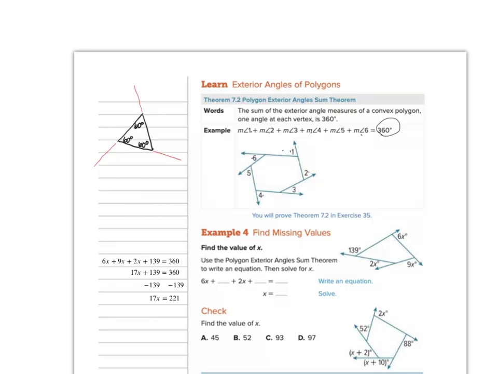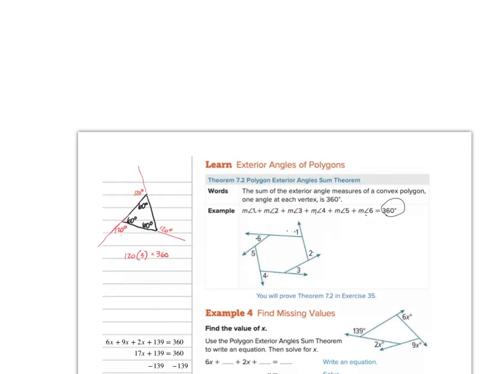I know that this angle should be 120 degrees because it is a linear pair to that interior angle. This is 120 degrees, again, because of that linear pair. And this is 120 degrees because of that linear pair. And 120 times 3 is equal to 360 degrees. So that's proving my exterior angles of a polygon are equal to 360.